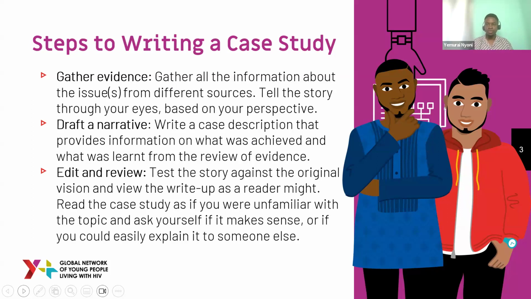So identify the issue and gather information about the issue from different sources. You can ask organizations that are working on the issue. You can talk to government departments. So these are interviews. When you talk to organizations and government departments, also ask them to share documents with you, reports, analysis, evaluations that have been done around the issue.